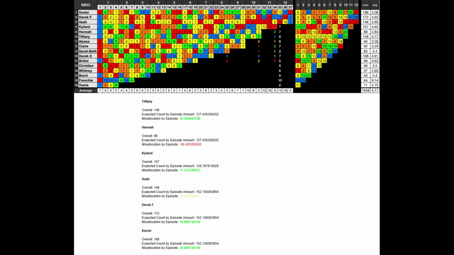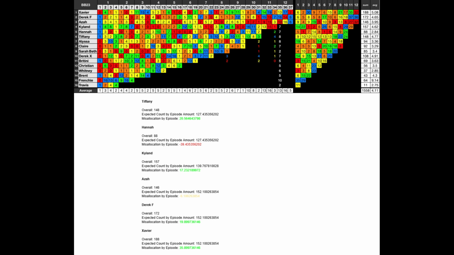Gaza has 146 diary rooms, and her expected count by episode amount is 152.1, causing for a negative 6 misallocation amount, so she's still in the perfect median average. Derek F has 172 diary rooms, and his expected count by episode amount is 152.1, causing for a 19.89 misallocation amount, so overly distributed.